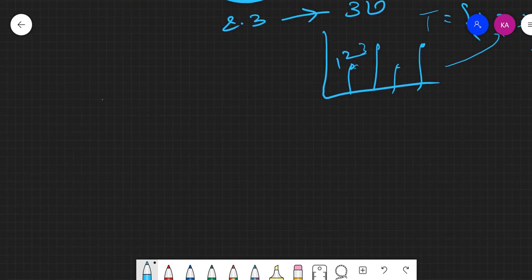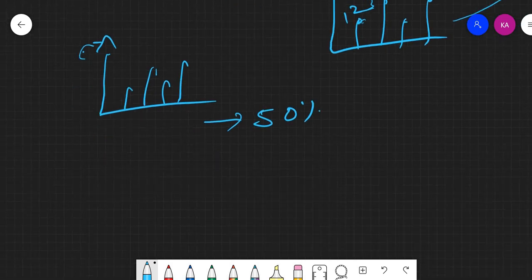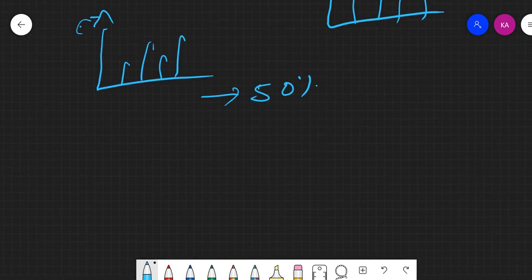So if anybody gives such graphs and asks whether it is discrete amplitude or continuous amplitude, the answer is a 50% probability, like tossing a coin and asking whether it will turn head or not. Nobody asks such questions. Where you are seeing the signal matters: if you see this signal before the quantizer, it is a continuous amplitude. If you see the same signal after the quantizer, it is a discrete amplitude. So I think you get a clear idea of what discrete amplitude and continuous amplitude signals are.